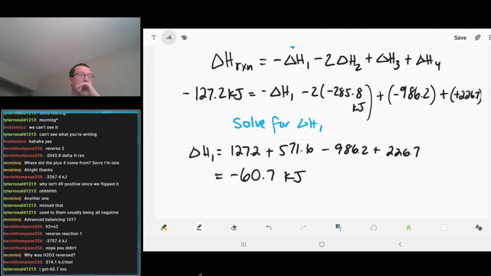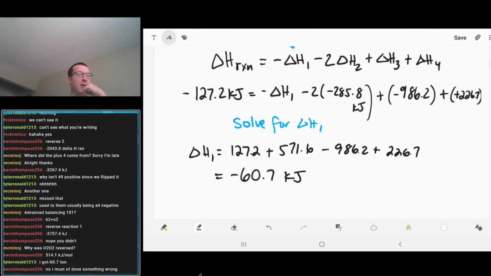Oh, we may have beaten Kevin. Double check, Kevin, because it is always possible that we've gotten it wrong too. So double check yours, see if you get negative 60.7. So unfortunately, this is still exothermic. I wanted us to get an endothermic one eventually, but lo and behold, we did not get so lucky.